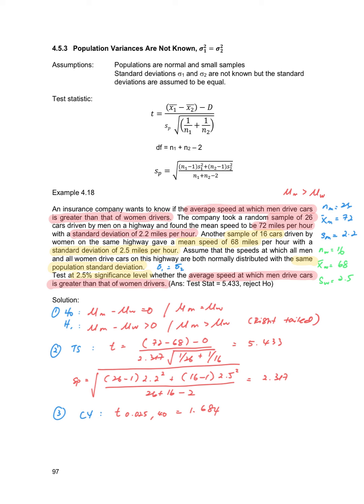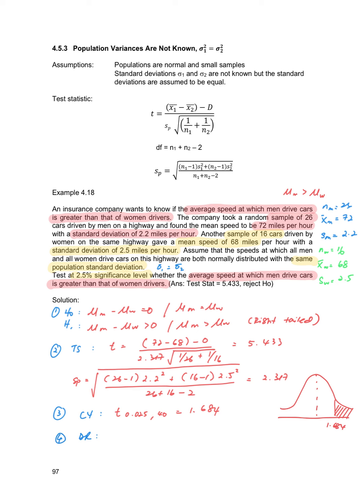So from here we can decide on the decision rule. So you need to draw your acceptance region and rejection region. So this one is a right tail test. So here 1.684.